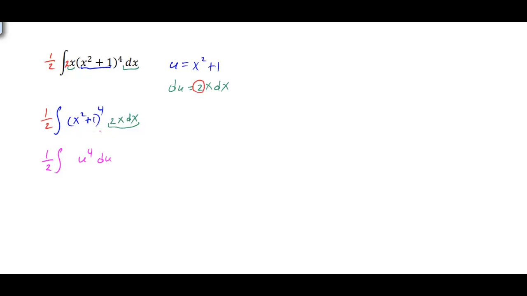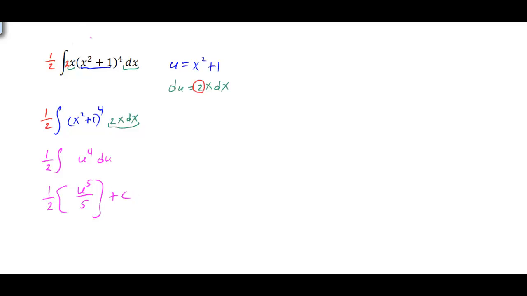So therefore, we could rewrite x squared plus 1 to the fourth as u to the fourth, and 2x dx becomes our du. So we bring down the 1/2 and we integrate. U to the fourth becomes u to the fifth over 5 plus c, and there's our integration.